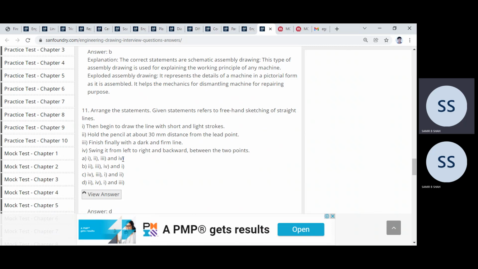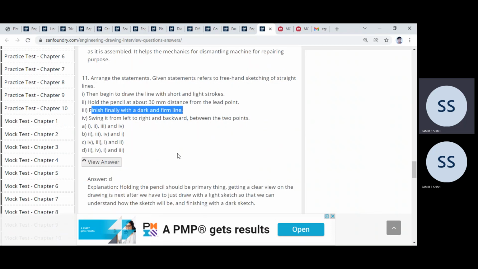Then swing it from left to right and backward between the two points. Then begin to draw the line with short and light strokes and finish finally with a dark line. So the order is 2, 4, 1 and 3.